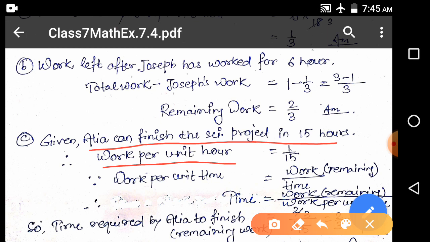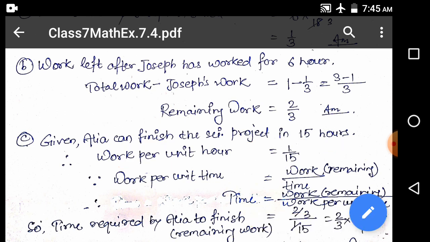So work per unit hour is 1 by 15, as we all know. This is the part of work she can do in 1 hour.